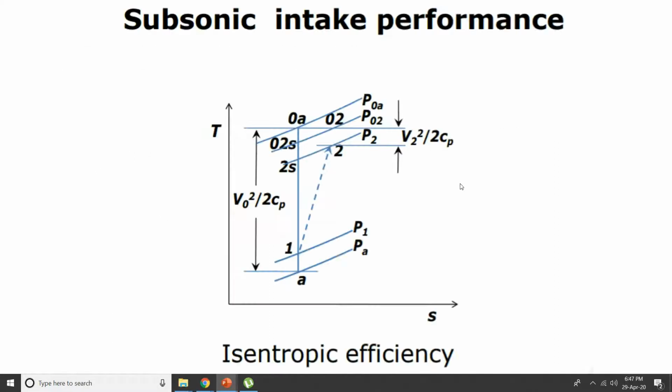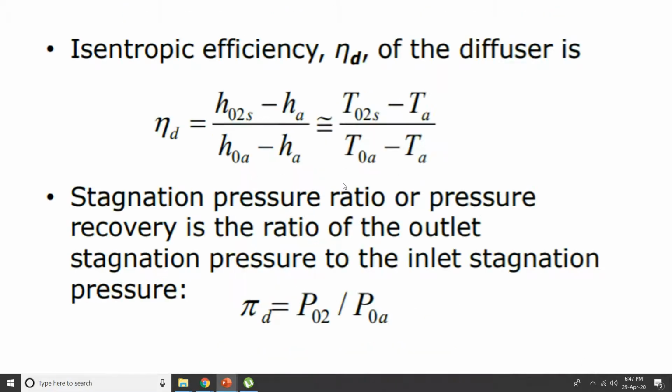So like I said, isentropic efficiency of the inlet, again we'll go back to our actual process. The isentropic efficiency eta d is equal to h_s0 to s minus h_a, that is from the point where you started, to the ideal stagnation enthalpy minus the point where you started.